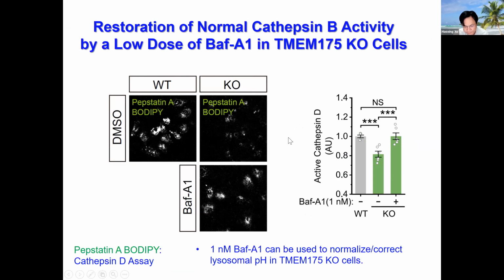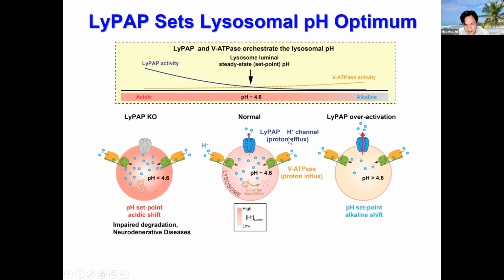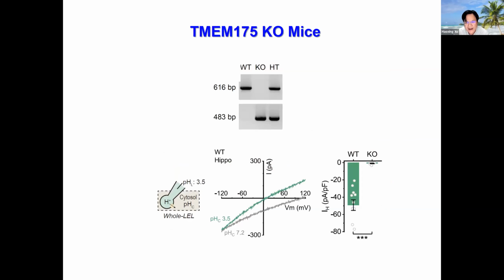So in summary, we believe that T175 is important for lysosome function, and its proton conductance is primarily responsible. Finally, the T175 mutation is a high risk factor for Parkinson's.